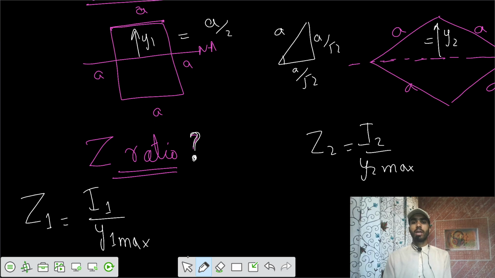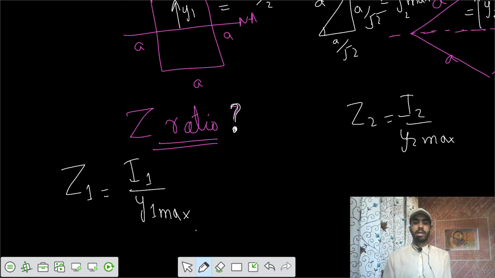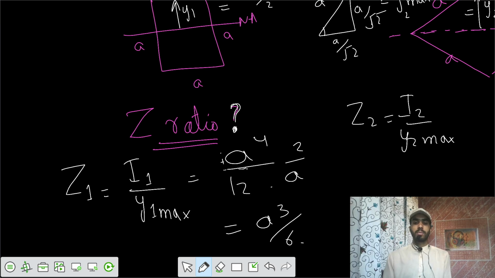So you get y2 max equals a by root 2. Also for the value of I, we know for the rectangle I equals b d cube by 12. Then you can write a power 4 by 12, into the value of a by 2. So you get a value of a cube by 6.